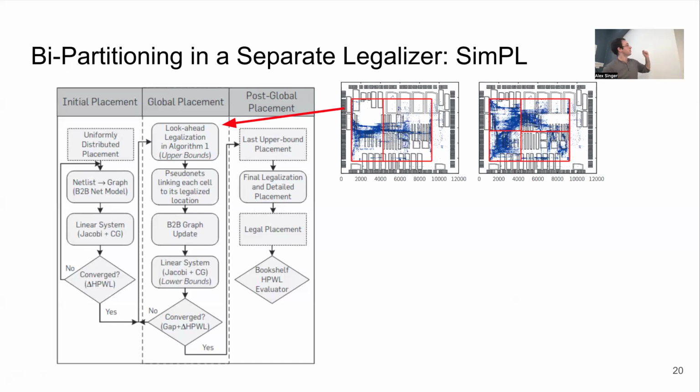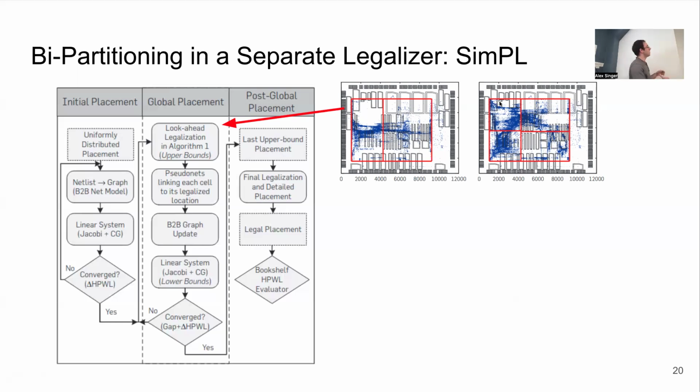The most important thing that I want to focus on for this presentation is how they perform their look-ahead legalization. What they do is they form a partition line, which partitions the space in half. And this one shows the key insight from this work. We're going to do a horizontal partition here. And notice that it didn't just put the blocks on the top side and the bottom side. What it also did was something it calls linear scaling.